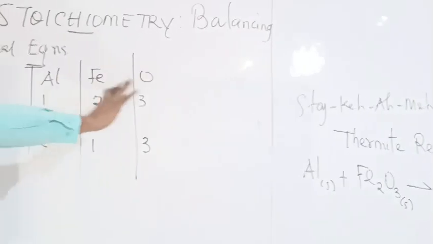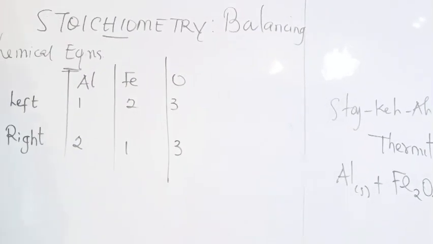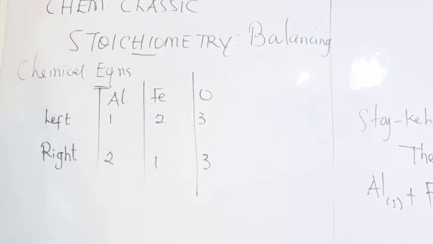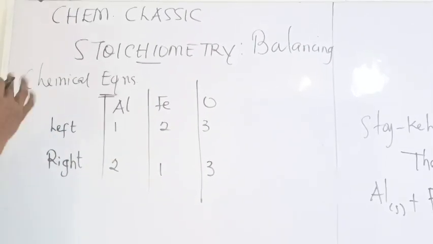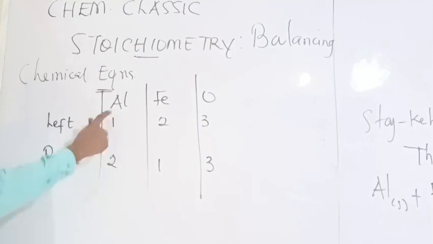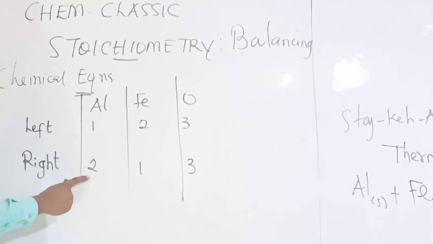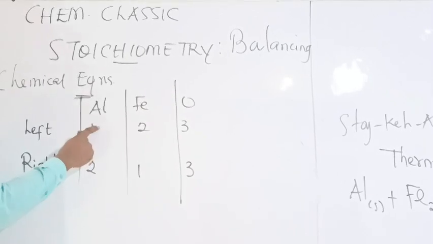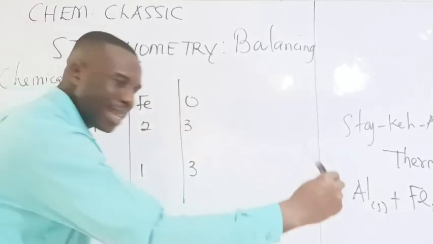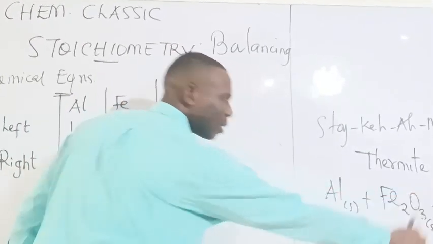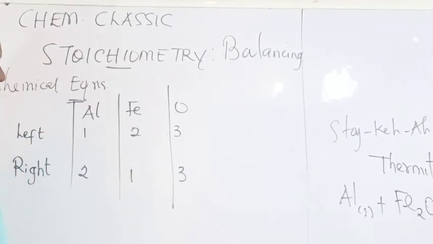Now if you look at this, the number of atoms of each of these elements, you find out that they are not the same in aluminium and iron. So what do I do? I have to make them equal. So I have to make aluminum 2, just like we have it on the right. So how do I make aluminum 2? I will insert a coefficient, the number at the back of either of these substances.